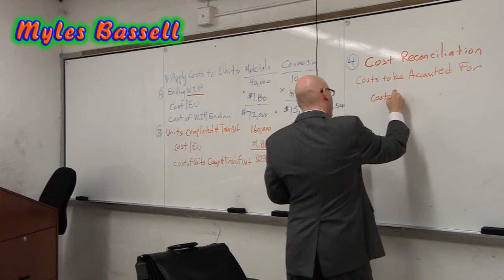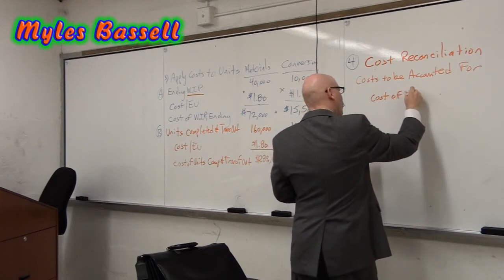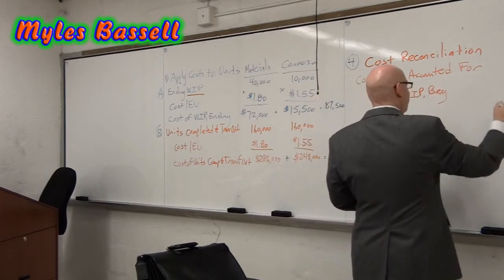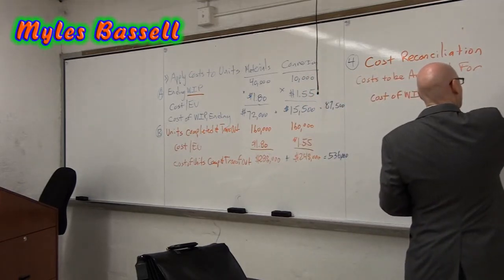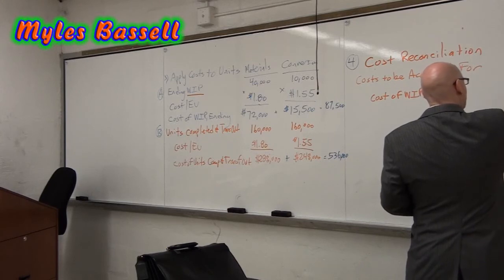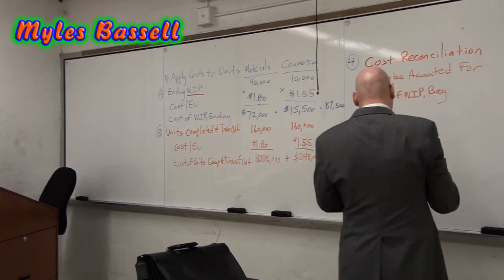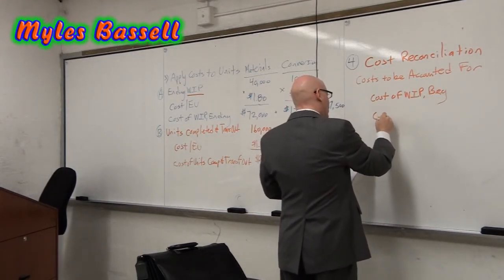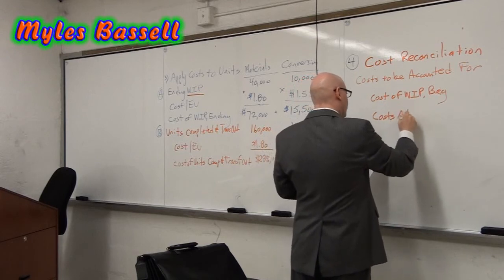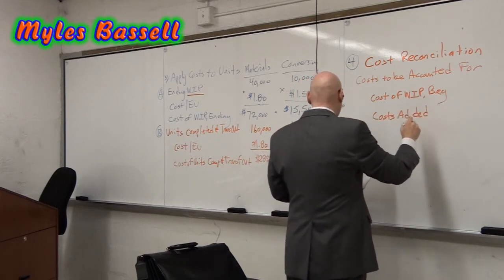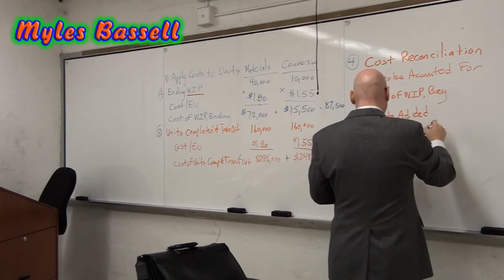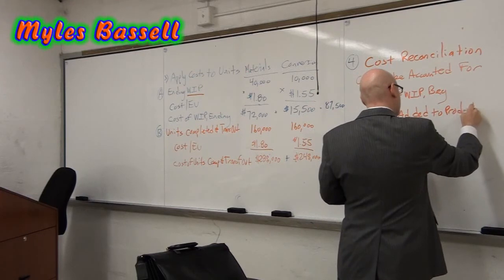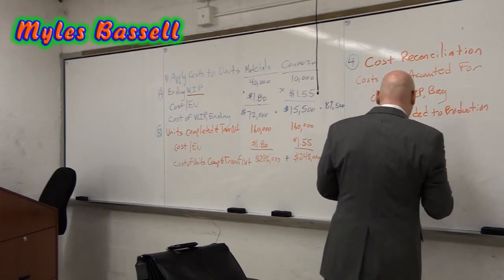So how much is the cost of the work in process at the beginning of the period? Right, 50,000. That's materials and conversion costs. And then we have the costs that are added to production. Which is how much?